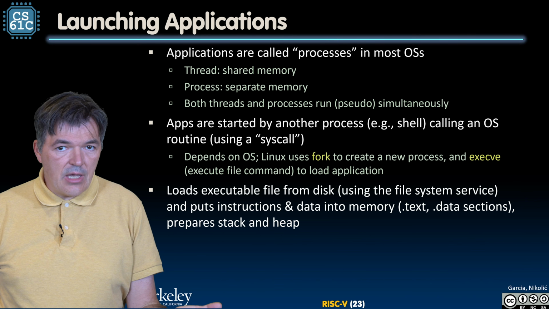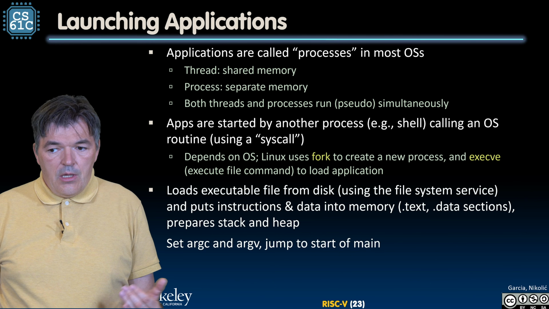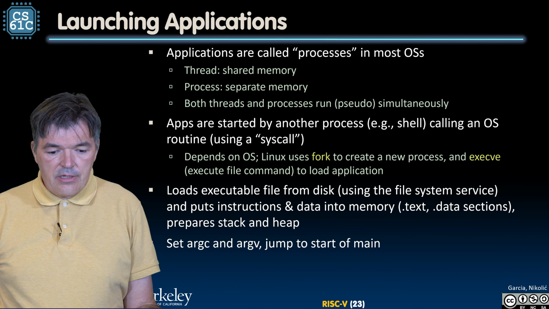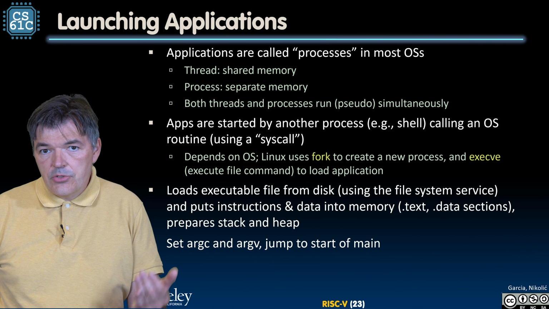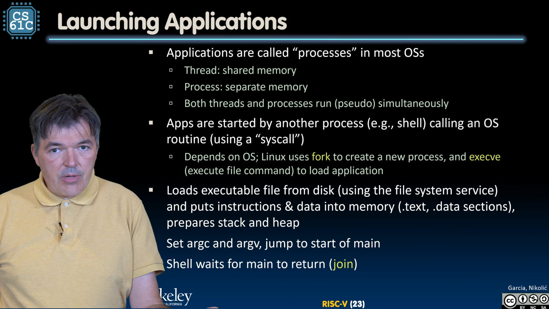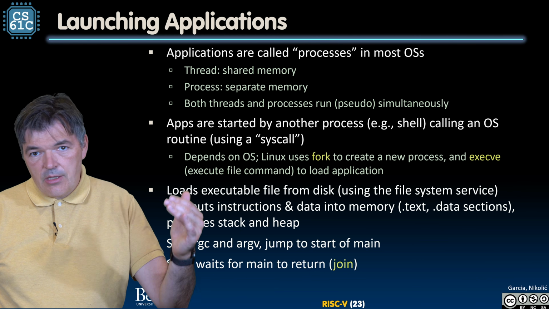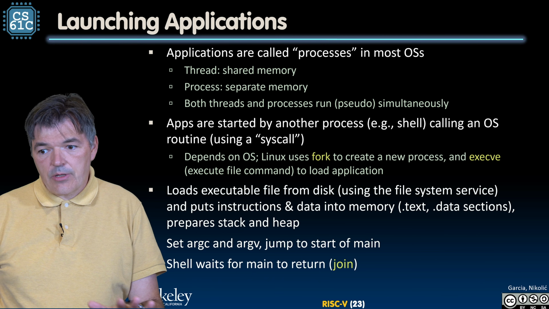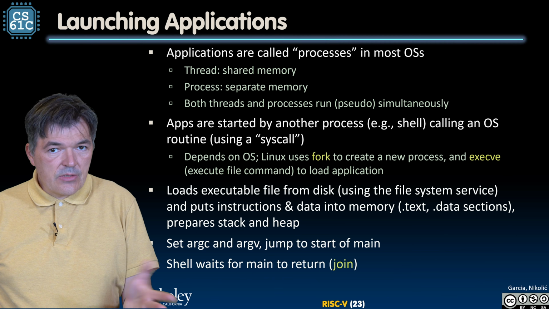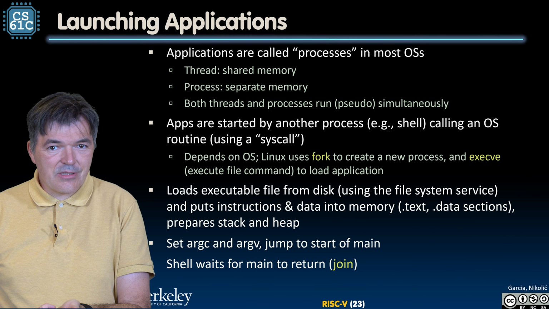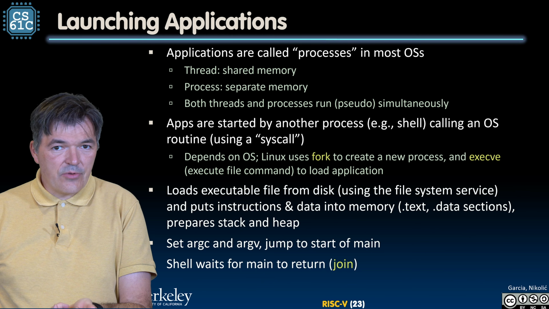Then it prepares the stack and the heap, sets argc and argv, and then jumps to main. From there, the program counter picks up from main and executes the instructions, and the shell just waits for the program to complete. So it waits for main to return, or in Linux language, waits for it to join.